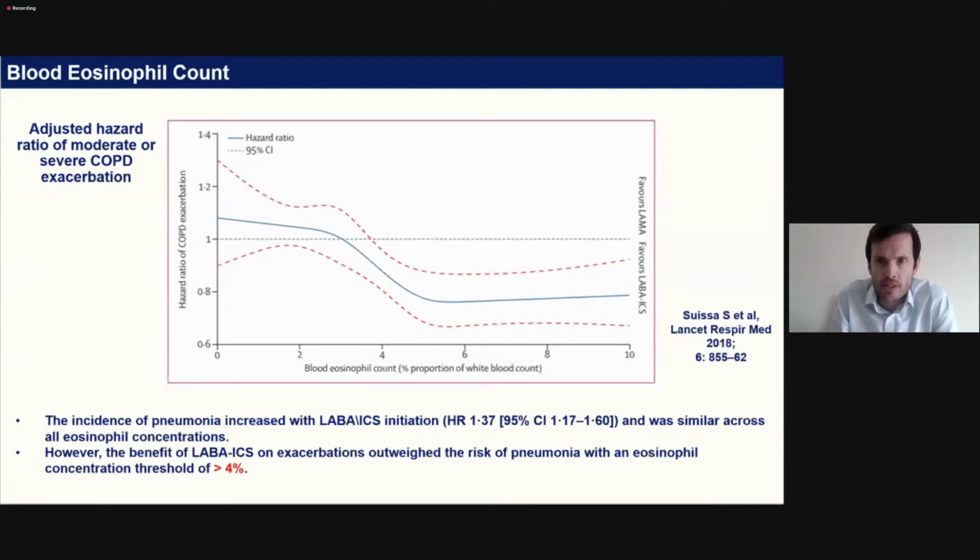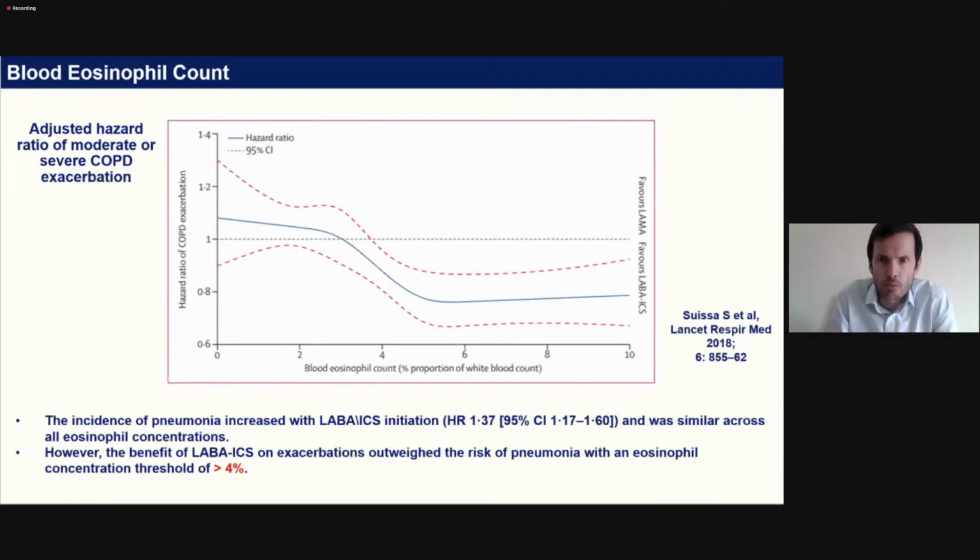And evidence for this comes from an observational population-based cohort study that evaluated newly diagnosed COPD patients that were started on either a LAMA or a LABA-ICS combination over a 13-year period.